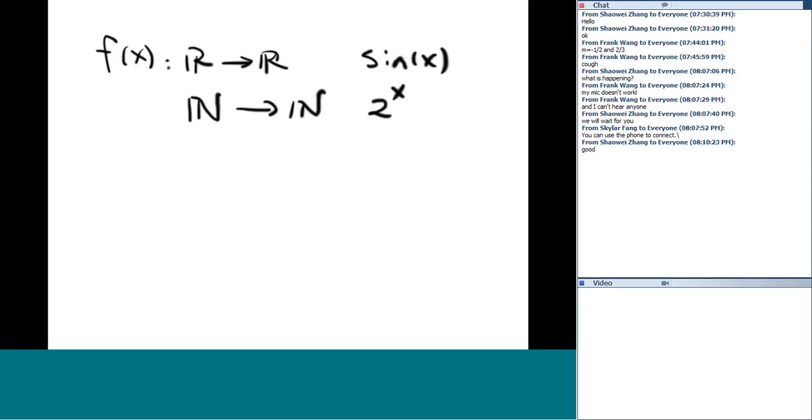In the future, probably we can have something from complex number to complex number. Sometimes from R^3 to R^4, or to the real numbers. Anyway, this is just a function.